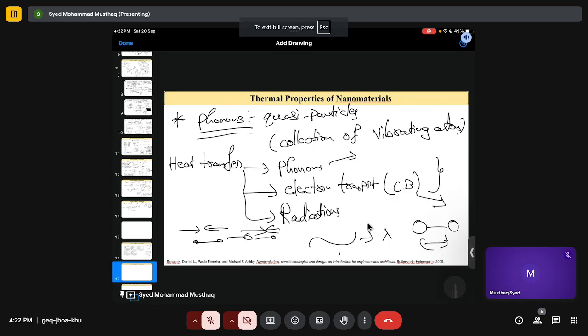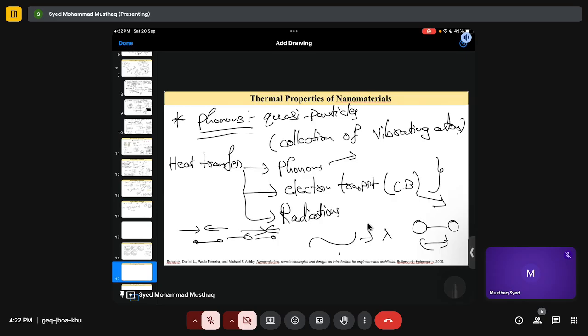Please understand, it is confusing. Atoms are particles, we normally assume in classical physics, and they come together and form bonds. That's what happens in solids. And if they collectively start vibrating, they will behave as an elastic wave, and that is called a phonon.